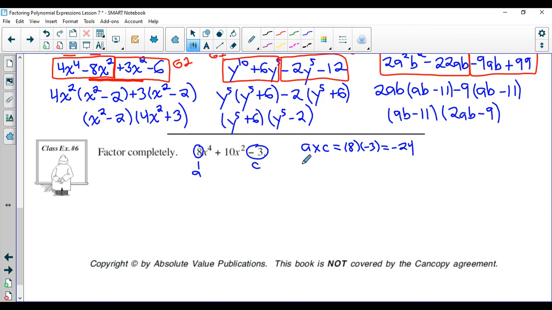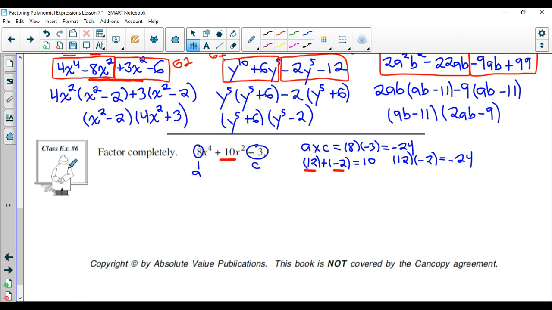Those two numbers would be positive 12 and negative 2. Positive 12 and negative 2 add to the middle term, positive 10, and positive 12 times negative 2 would give you the product A times C, which is negative 24. So we're going to take the middle term and break it down into the sum of these two numbers.